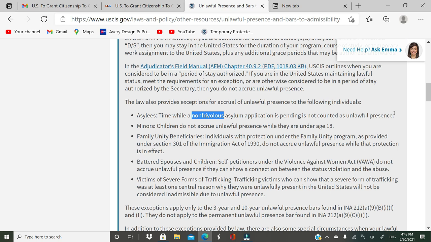But if you want to adjust status while your asylum case is pending, based on, let's say, your child turning 21 and wanting to apply for you, they're not going to say that you are unlawfully present, but unfortunately they're going to say that you are not admissible because you did not maintain a non-immigrant status at the time of the application. So that's the language they're going to use.